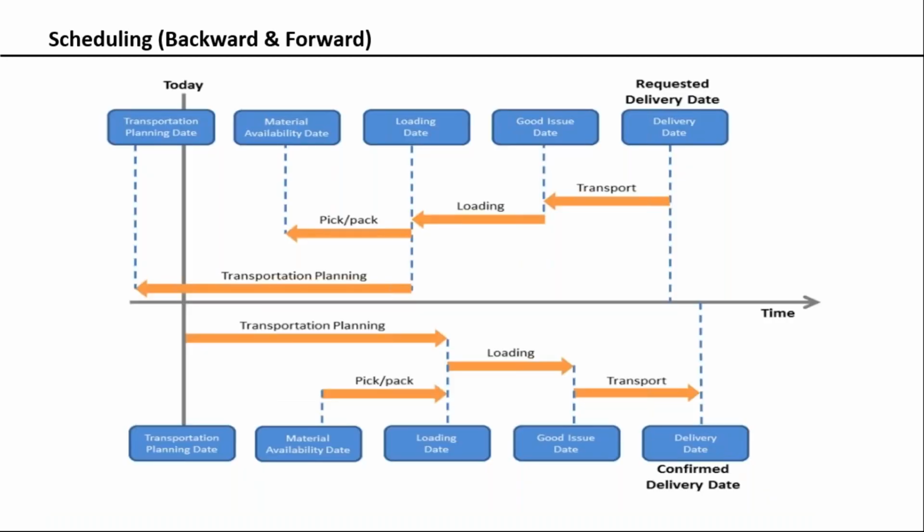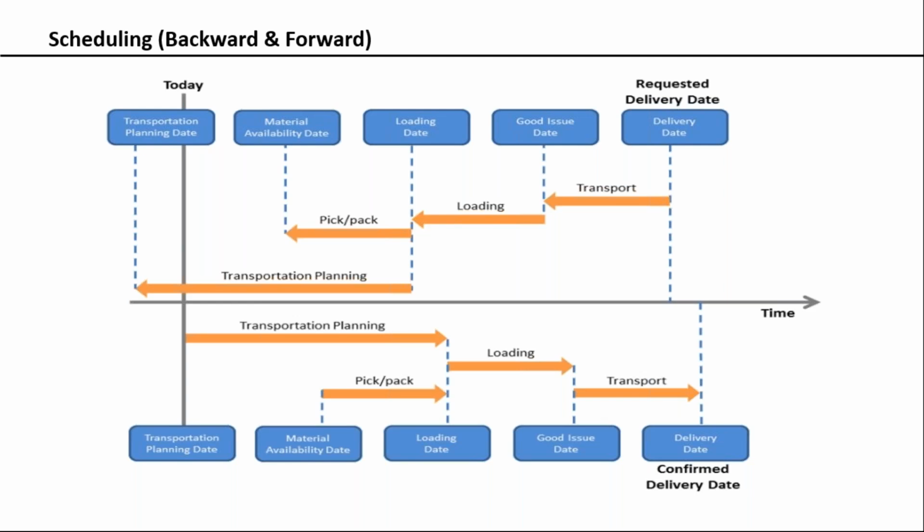Scheduling again is another topic. It exists in ECC as well as APO GATP, but APO GATP has more flexibility. We normally have two different kinds of scheduling to determine the material availability date based on the requested delivery date: one is backward scheduling, the other one is forward scheduling. So how does it work?